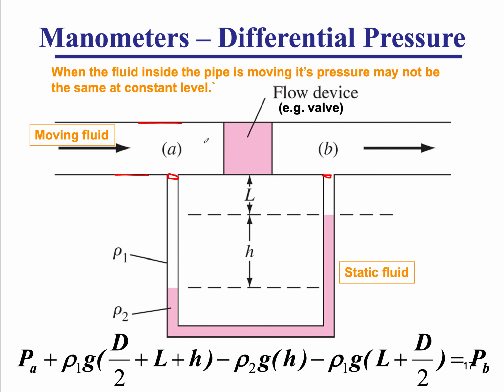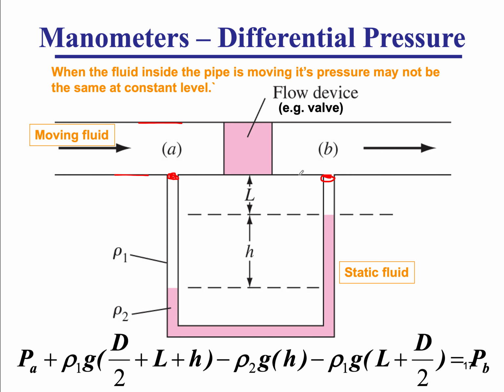Typically these flow devices, a filter, a valve, or anything, end up creating a static pressure difference across them. It's like a voltage drop across a resistance, so they act like a resistance in an electric system.